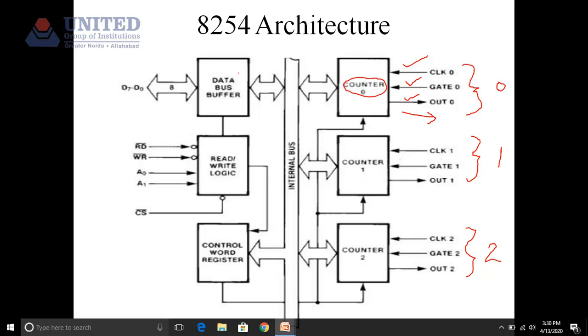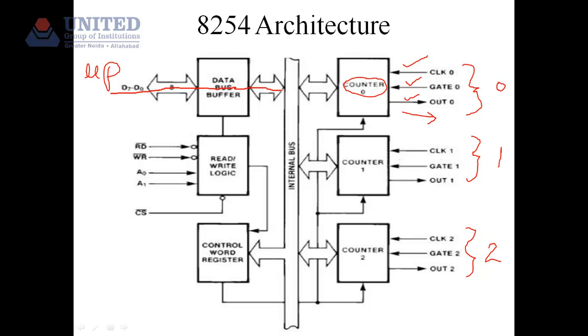Coming on to the data bus buffer, what signal it does, we see here. This side is your microprocessor, where I am writing from the marker µP, and from here the data travels from D7 to D0 to the data bus buffer, and from this data bus buffer it comes on to this internal bus, and then from the internal bus it travels to the counter and reaches the counter.